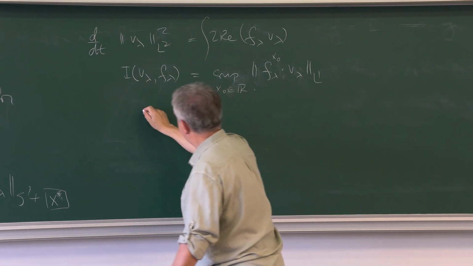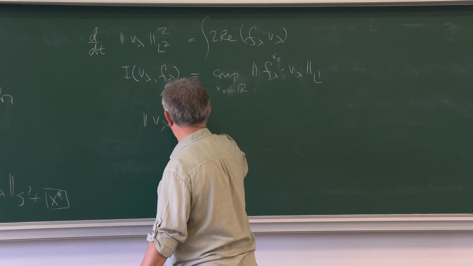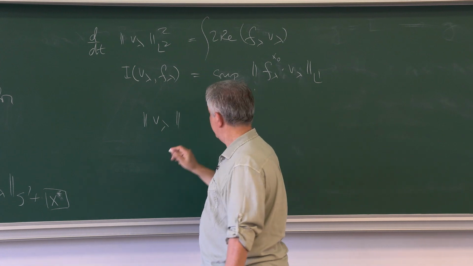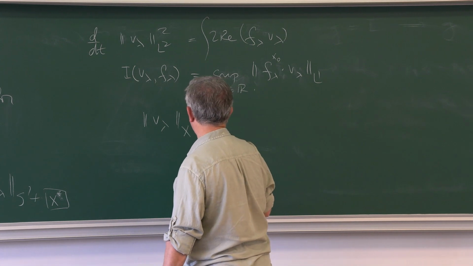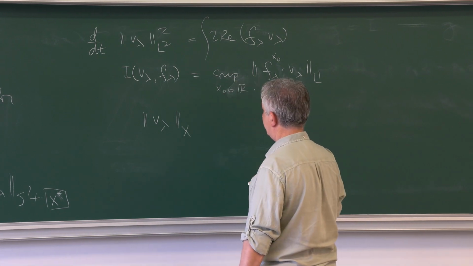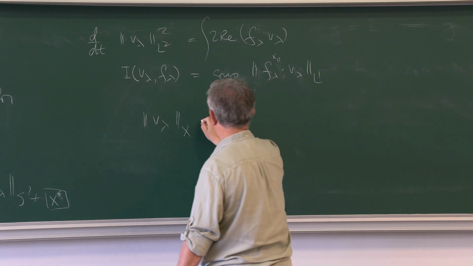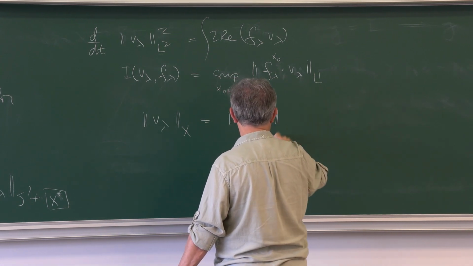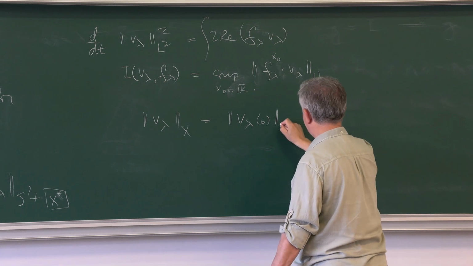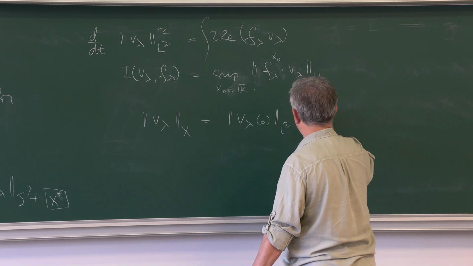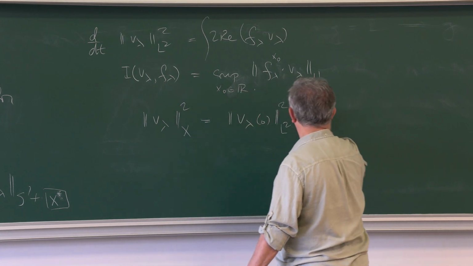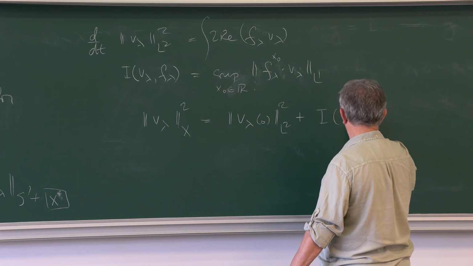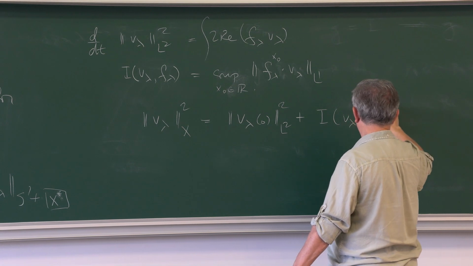And now we define the norm of V lambda in X. Define X by the following: V lambda of 0 in L2 plus square root of I of V lambda F lambda.